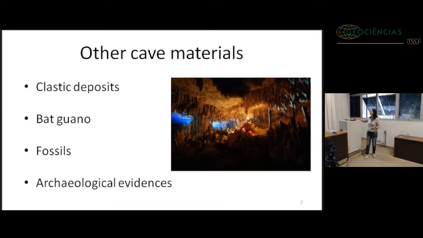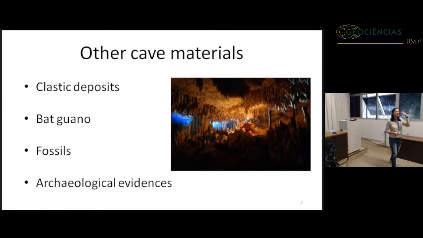So we have many things inside a cave, and how to use those things. We have stalagmites, but we also have clastic deposits, as you said. We have red guano, we have fossils, and we also have archaeological evidence. But sometimes we have other things that maybe we didn't pay attention to before.